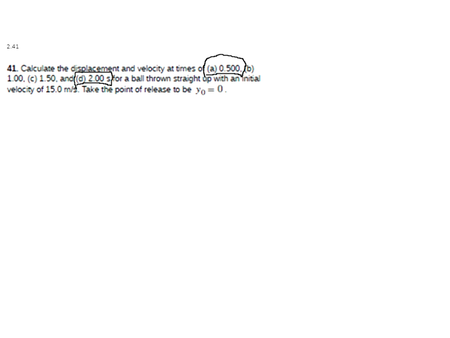So we have our person, and they're throwing the ball. Initial velocity 15 meters per second, so it's going to go up and come straight back down. So V0 equals 15 meters per second. It says take Y0 to be 0 meters.